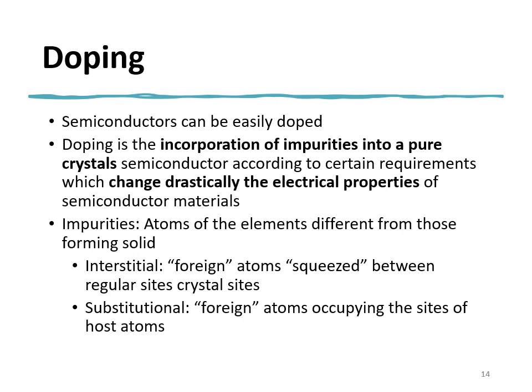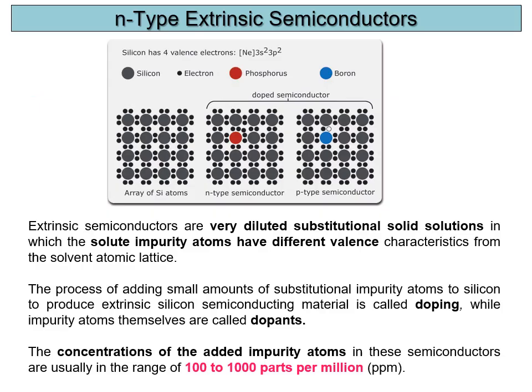So you already know about the terms interstitial and substitutional. In doping, we can have these two situations. The first one is interstitial, where the atoms squeeze between the regular crystal sites, while in substitutional, the foreign atoms occupy or replace the sites of host atoms.